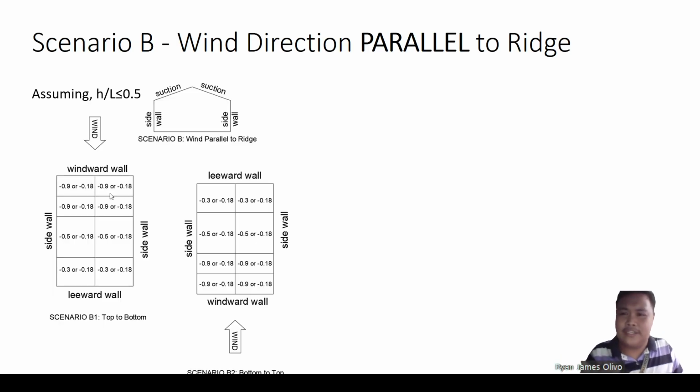If we want to consider both scenarios, bottom to top and top to bottom, why not just use negative 0.9 or negative 0.3 or negative 0.5? But it's up to you what you want to consider. In my judgment, instead of bothering to include all of this, why not just use negative 0.9. Don't bother about negative 0.18.